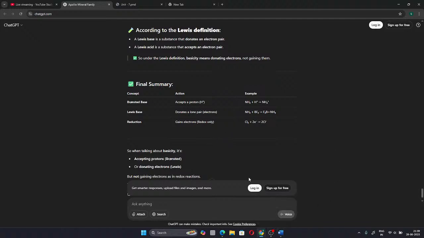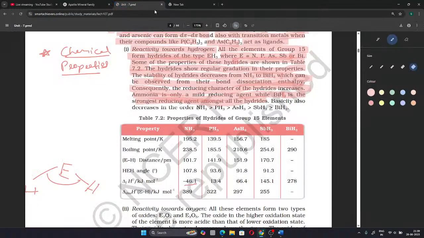Bases donate an electron pair, according to Lewis theory.